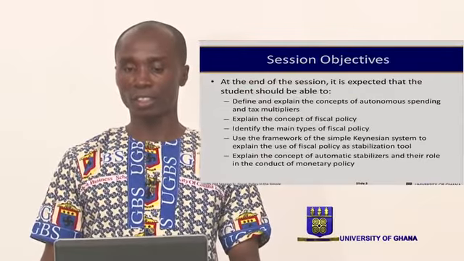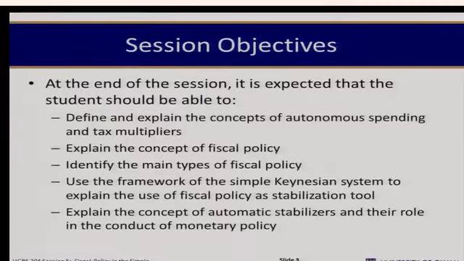At the end of this session, it's expected that students should be able to explain the concept of autonomous tax multipliers and then autonomous spending multipliers, and explain the concept of fiscal policy, identify the types of fiscal policy, and also be able to explain how fiscal policy works using the simple Keynesian system.